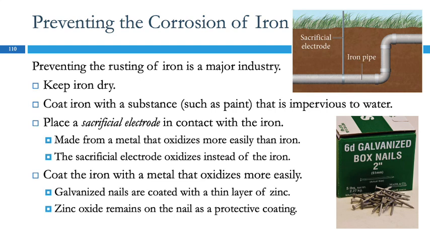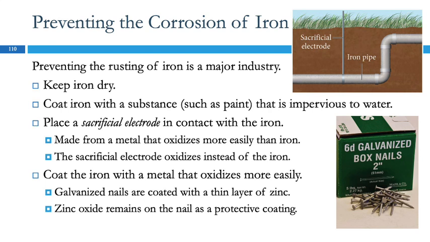So, you're building a fence outside, you want to use galvanized nails, right? Inside, maybe you could use just plain old iron nails if they're not going to get wet. But those nails will just rust away outside.